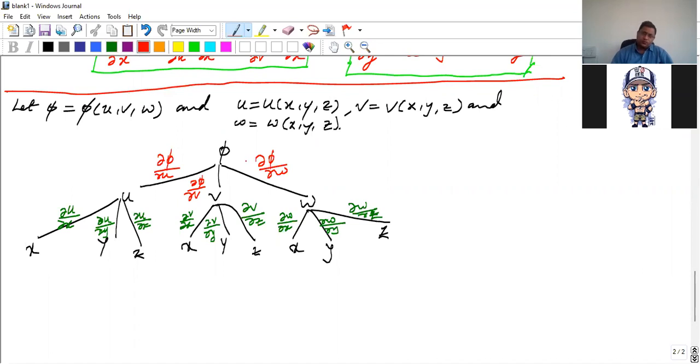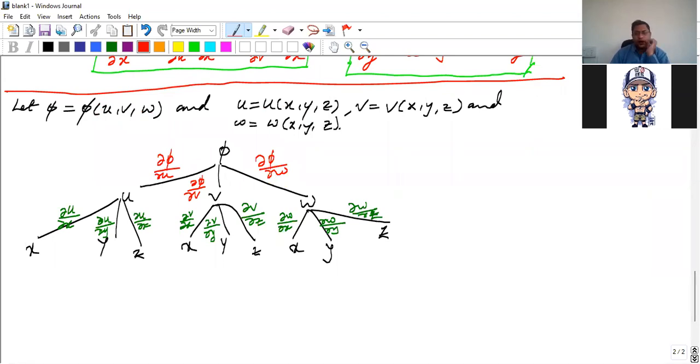Now we want the derivative of this phi with respect to x, y, z. So if we put u in terms of x, y, z, v in terms of x, y, z, and w in terms of x, y, z, then our final expression will be in terms of x, y, and z.